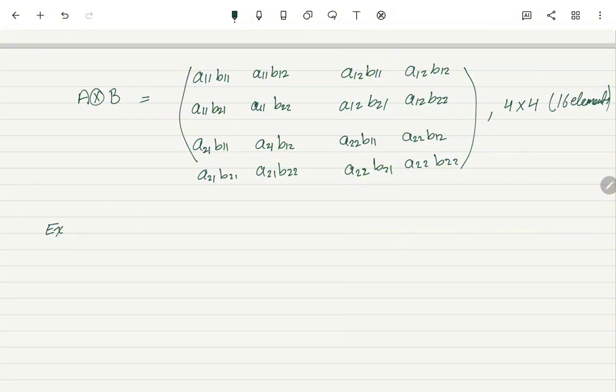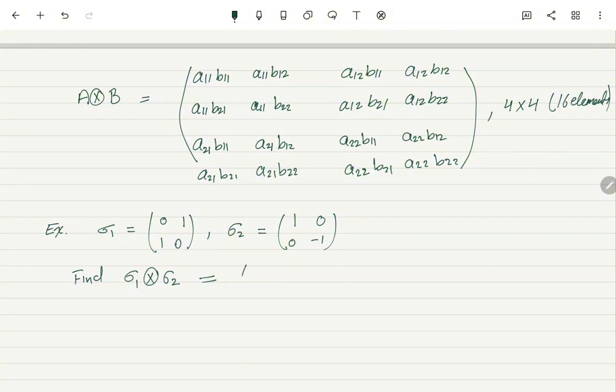Example: sigma 1 equal to 0 1 1 0 and sigma 2 is equal to 1 0 0 minus 1. Find the direct product of sigma 1 and sigma 2. In this case, each element of sigma 1 will be multiplied by the whole matrix sigma 2.